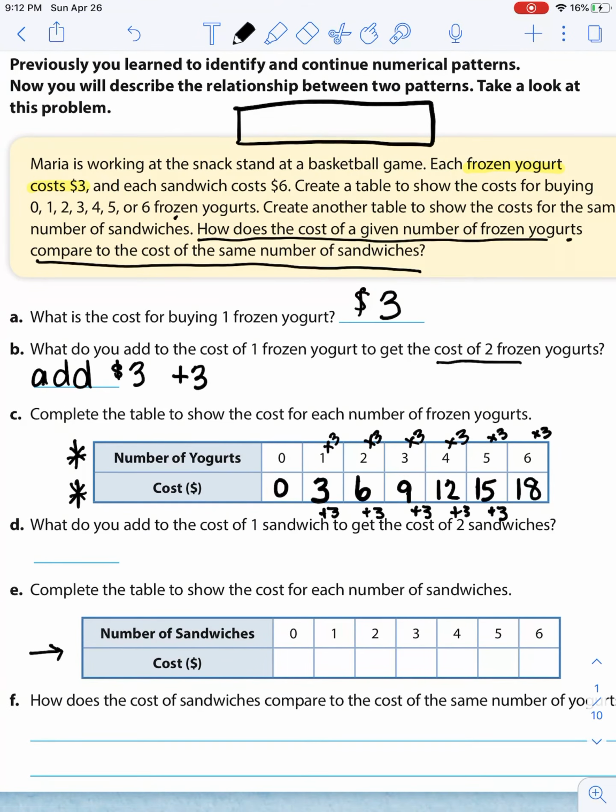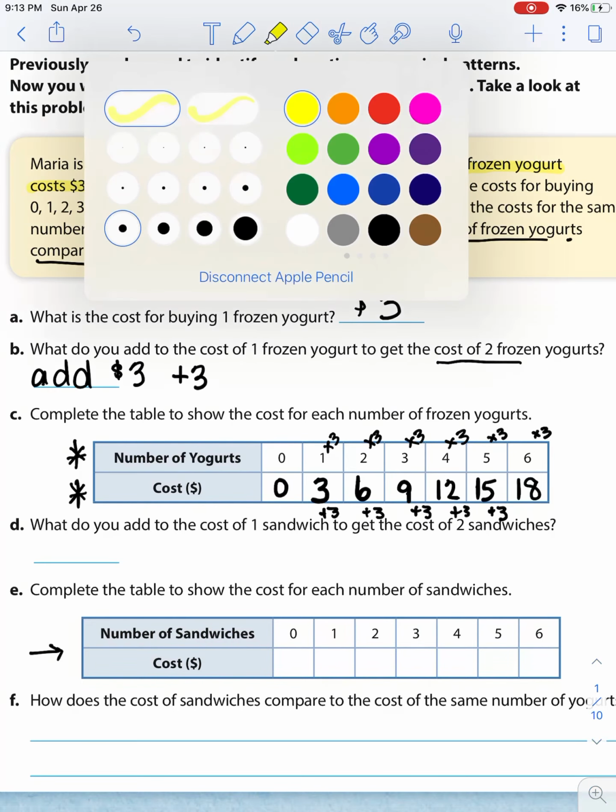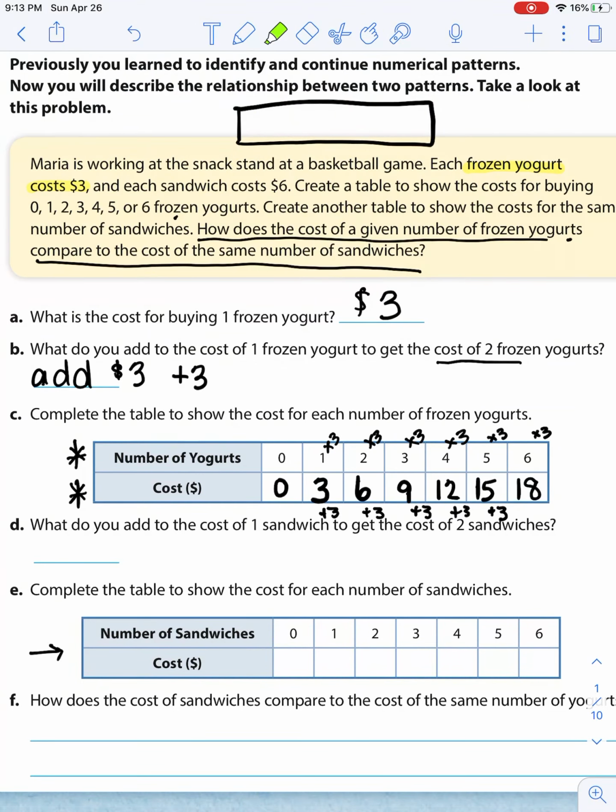All right, so let's move on to sandwiches. What do you add to the cost of 1 sandwich to get the cost of 2 sandwiches? Well, if I go back up there and take a look, it shows me that sandwiches cost $6. So 1 sandwich is $6. So what do I add to that 1 sandwich to make it 2 sandwiches? I'm adding $6 each time.